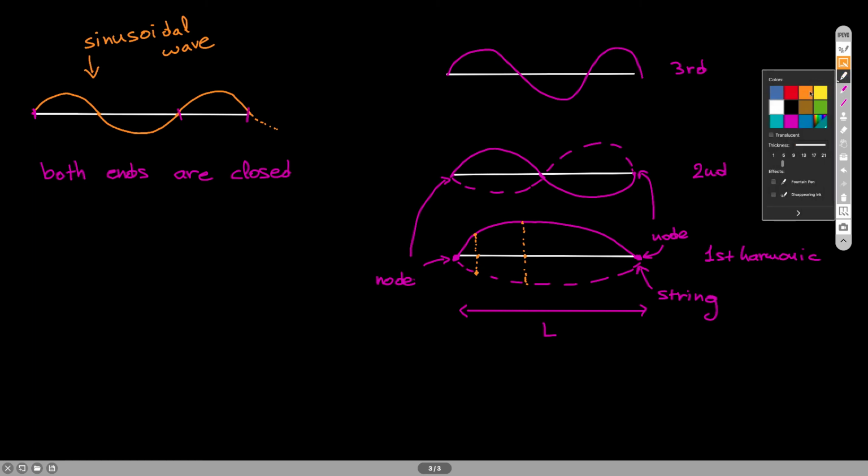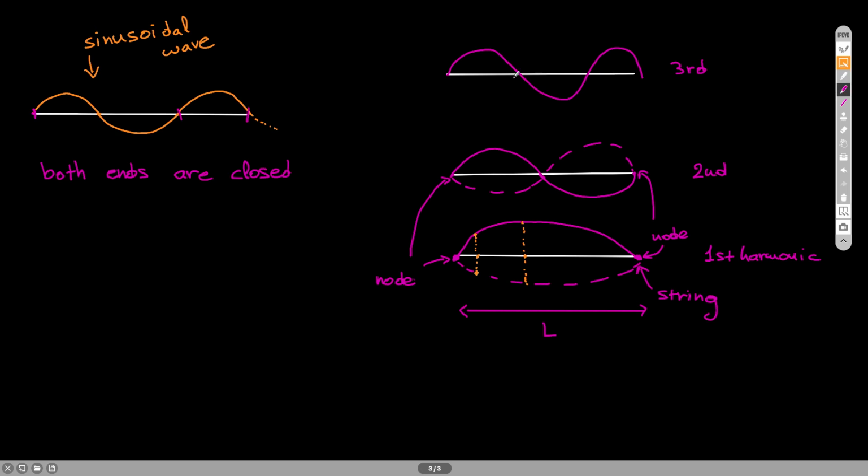That's fine. So that's my third harmonic, and then the way that the string moves is like this. So this is what the first three harmonics look like when both ends are closed, meaning both ends are nodes.